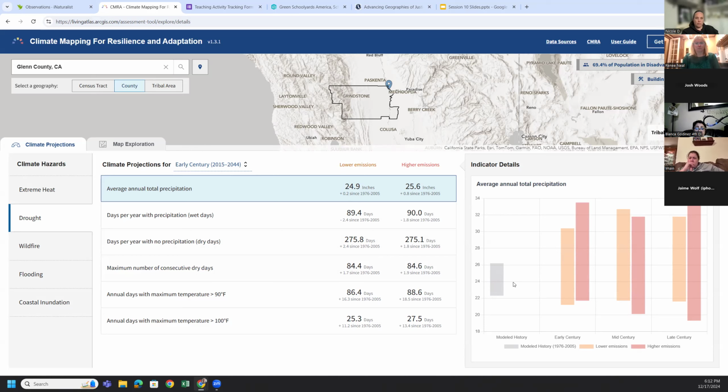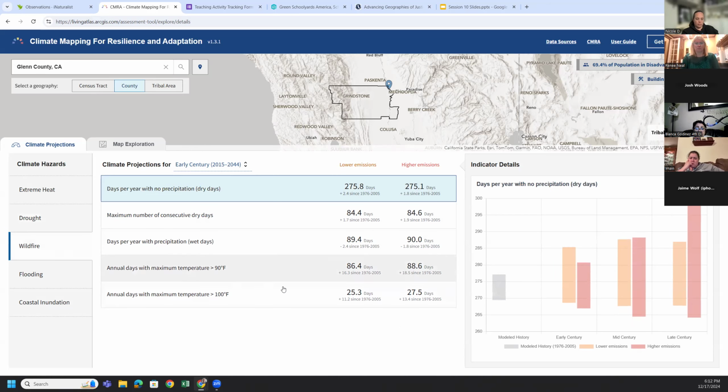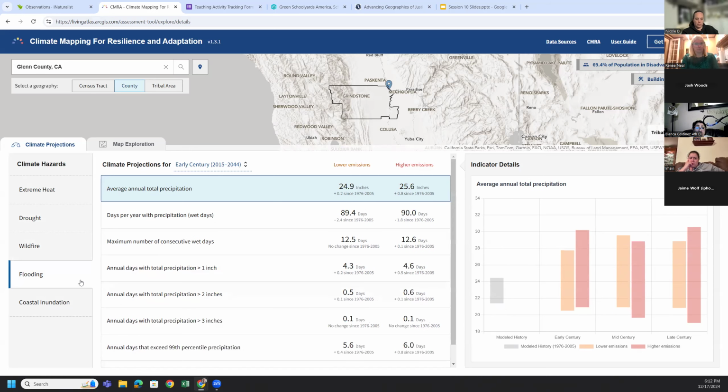That's not what the model projects. But then when you get to wildfire, that change in temperatures is going to affect wildfire risks. Flooding risks are going to go up, not necessarily because there's going to be more precipitation overall, but more frequent, intense rainfall that accumulates quickly and causes flooding.